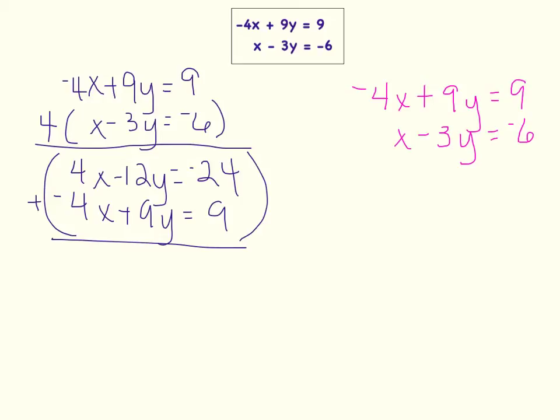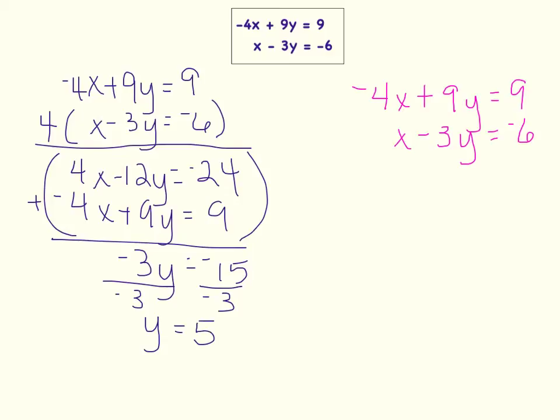Then I have -12y plus 9y, which is -3y. And that's equal to -24 plus 9, which is -15. Now I can go ahead and solve for y by dividing each term by -3. So that will leave me with y equals, and -15 divided by -3 is a +5.